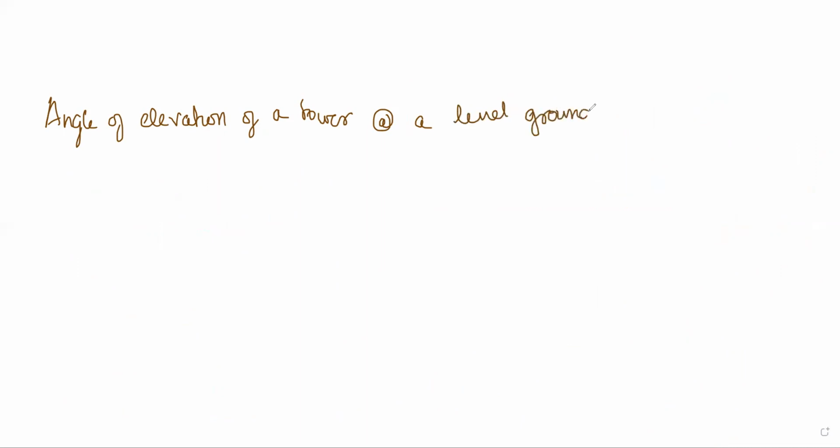Another question. Angle of elevation of a tower at a level ground is 30 degrees.